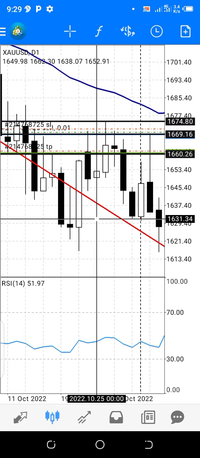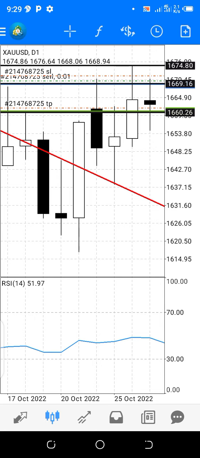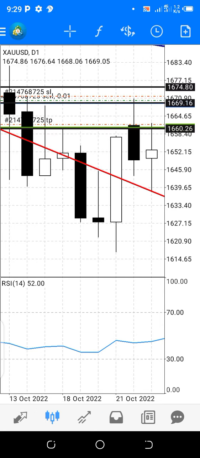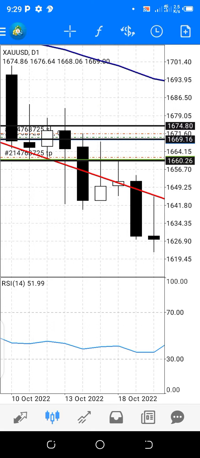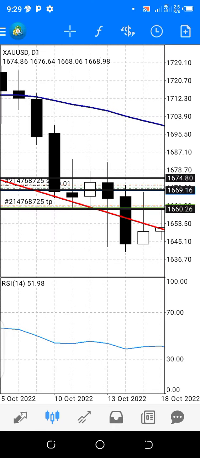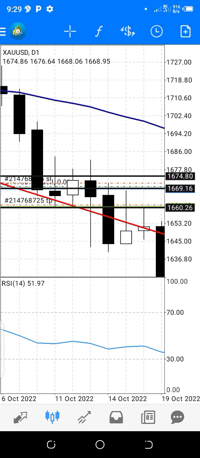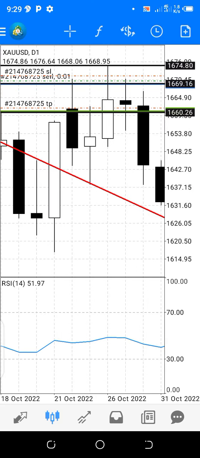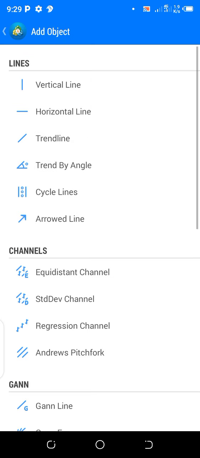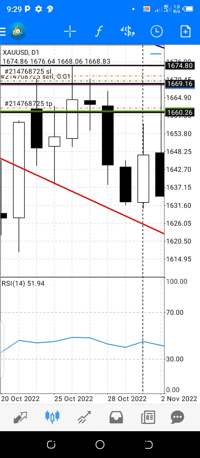So I'm going to check for this spike. Let me just move this resistance up a little bit to get this place, or you can put another line just to form a zone.